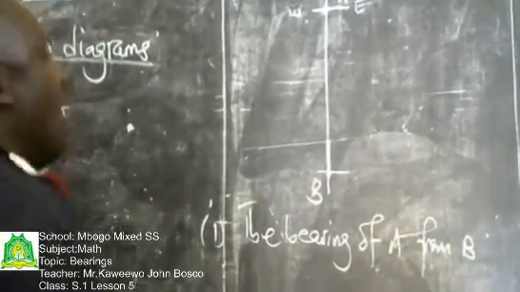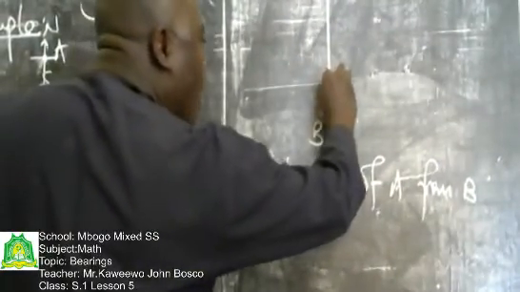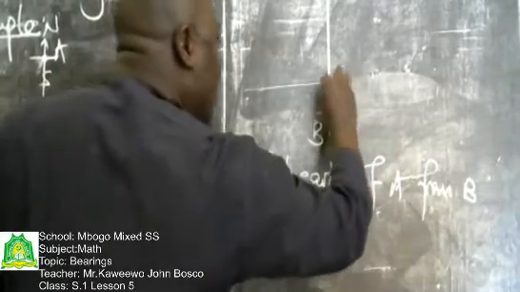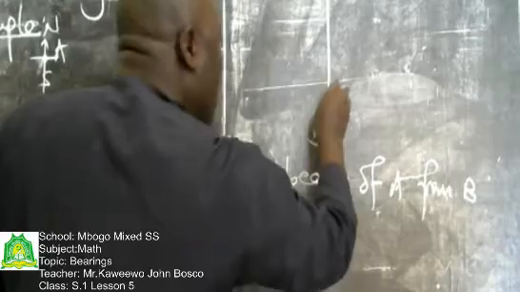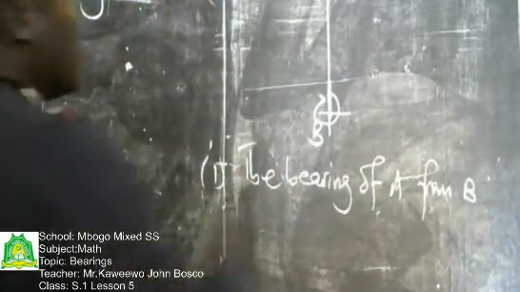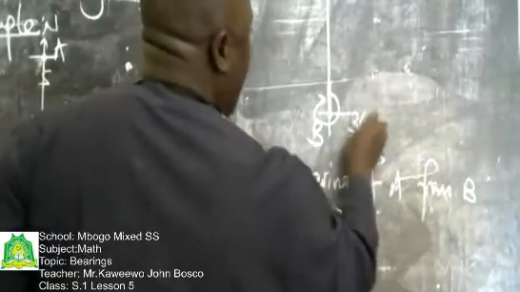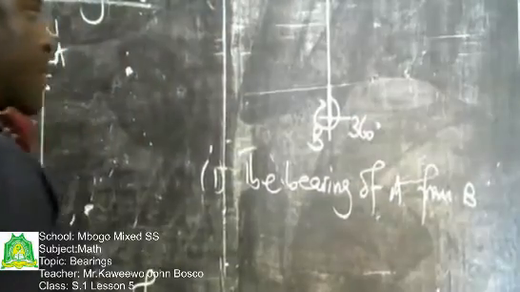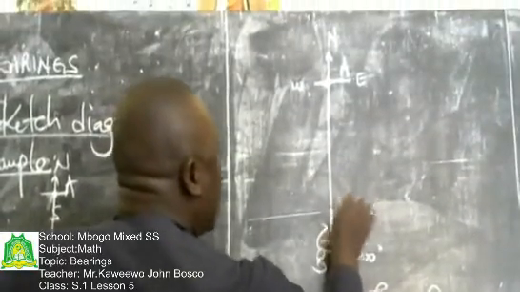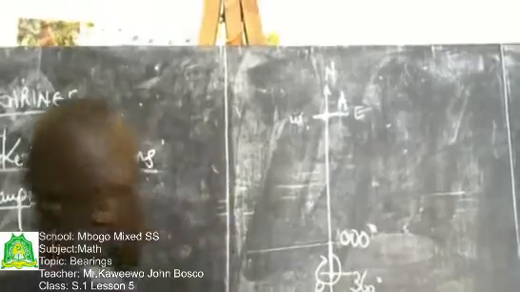Now, we turn in a clockwise direction. If at point B, you turn in a clockwise direction, you will end up with an angle of 360 degrees. However, you will have gone back to the starting point, which is still indicating 000 degrees.